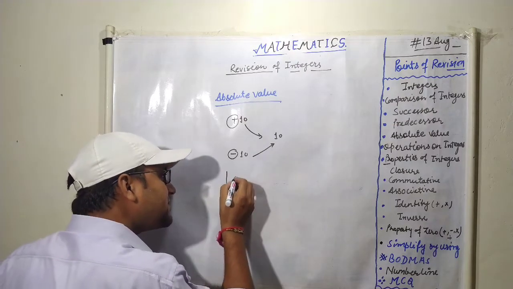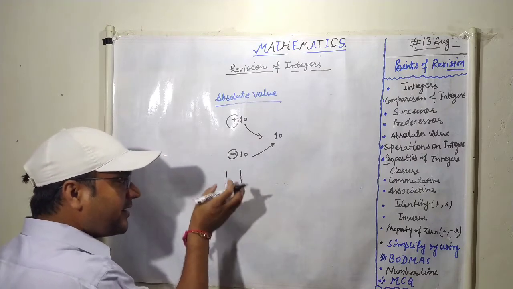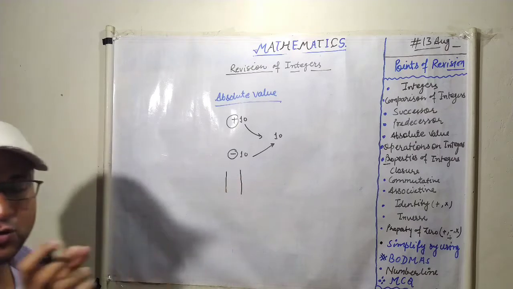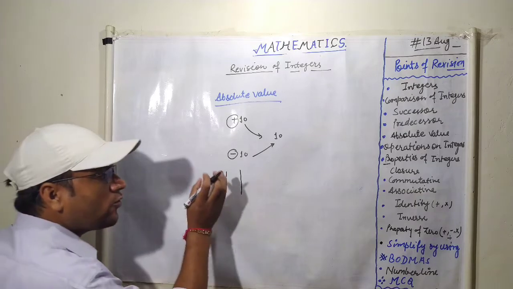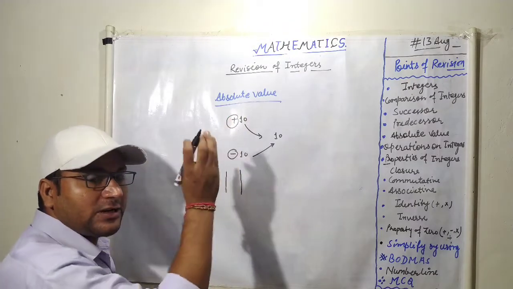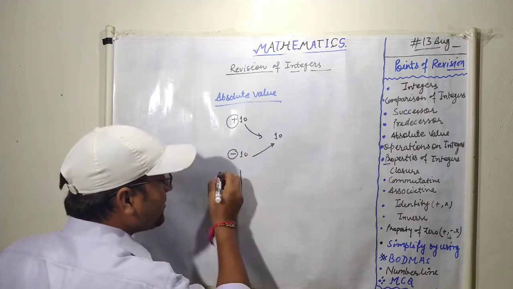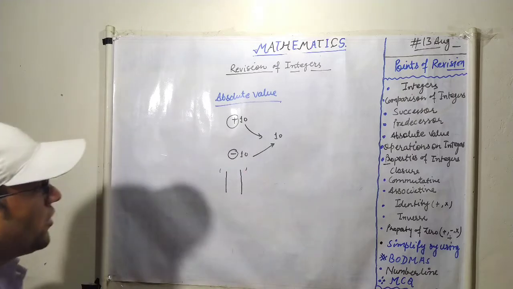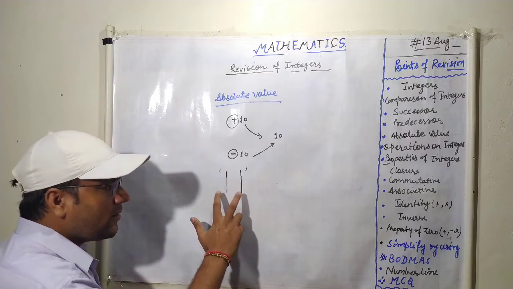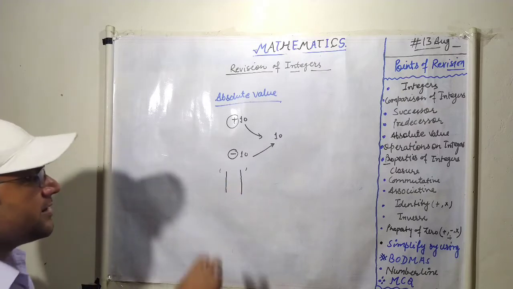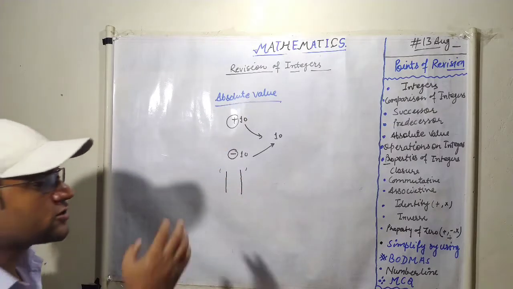If any quantity is written inside these two vertical parallel lines, then you will take only the numerical value of the given number. It is known as the representation of an absolute value. It is also called a modulus.